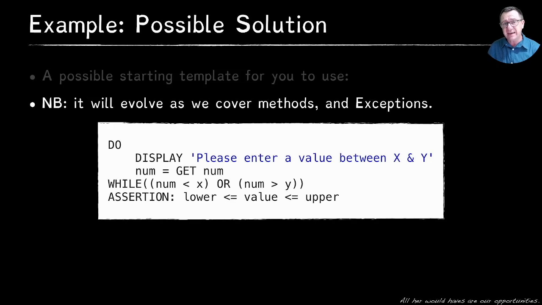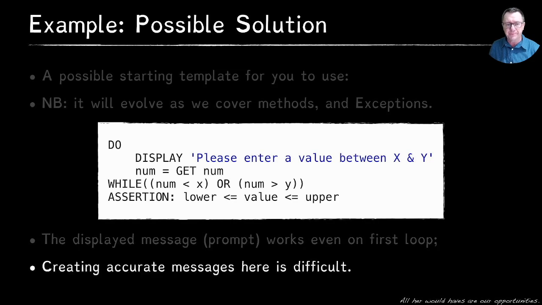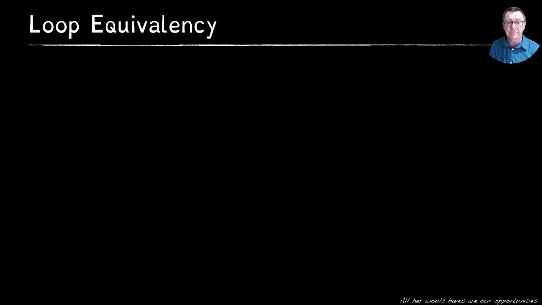So if they were to get that again, they go, uh-oh, I know exactly what I've done wrong. So that display message works on the first loop and every loop after that. It's important that we, as the developers, are communicating with the users so they know what's going on and why their program isn't doing what it's meant to be doing.